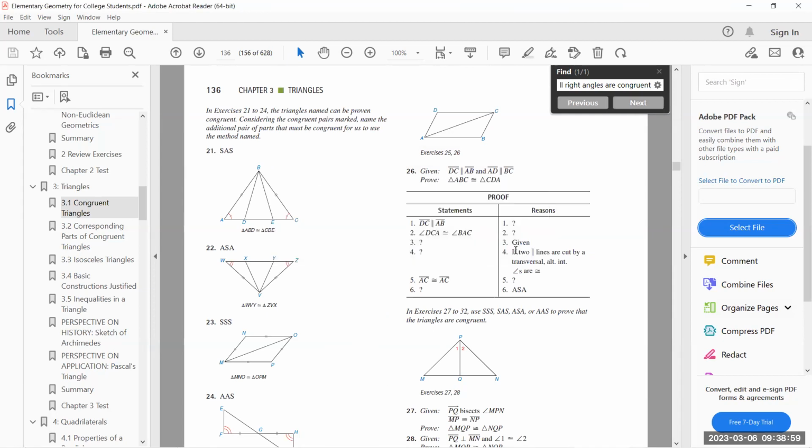I don't think we did that section for homework. Let's see if it's in the slides. Otherwise, I'm going to have to look and see. Did you know that right angles were 90 degrees?